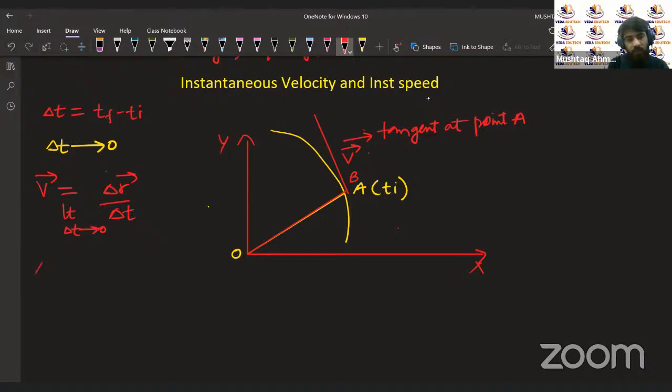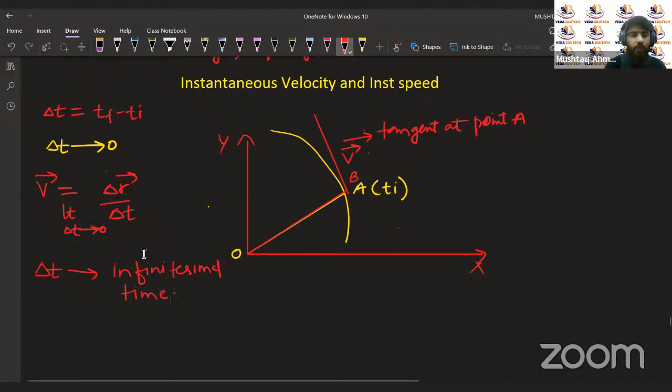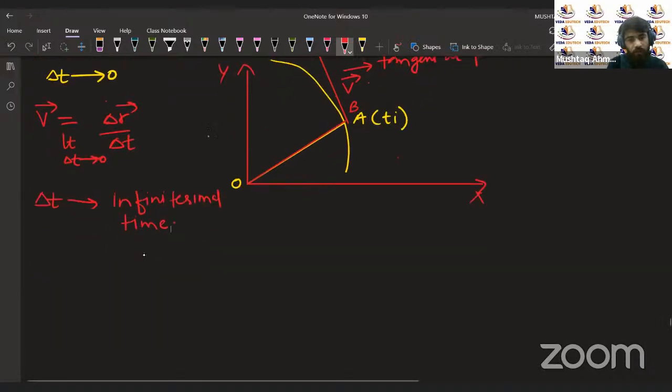Delta t is an infinitesimal time. So if delta t tends to 0, our v will be rewritten as dr vector upon dt.